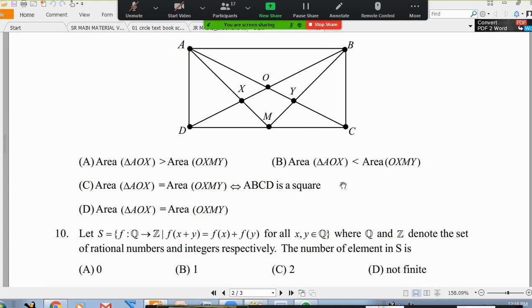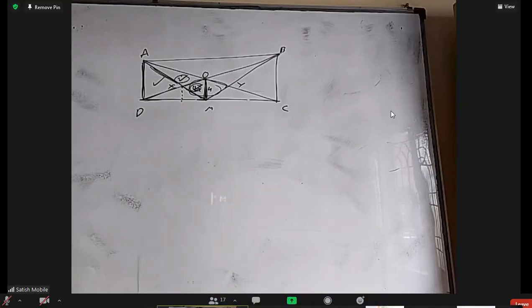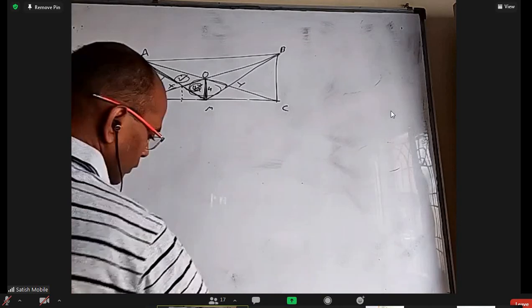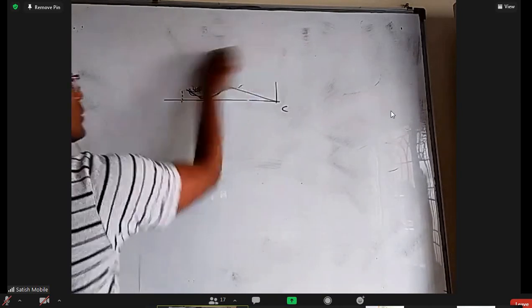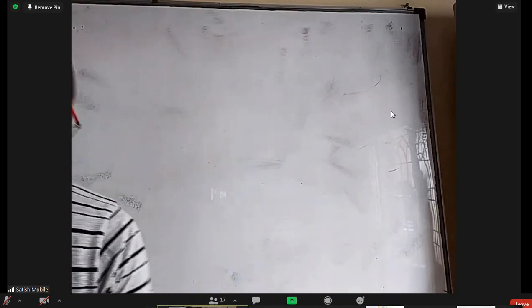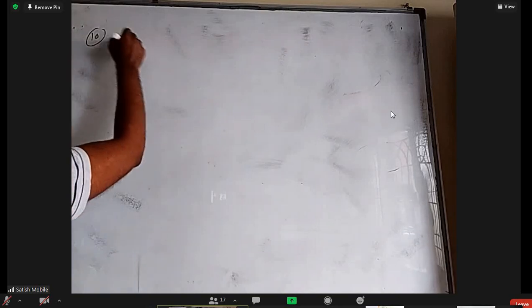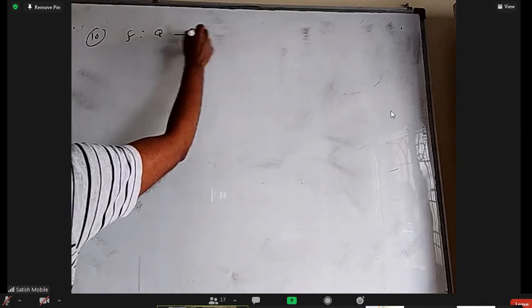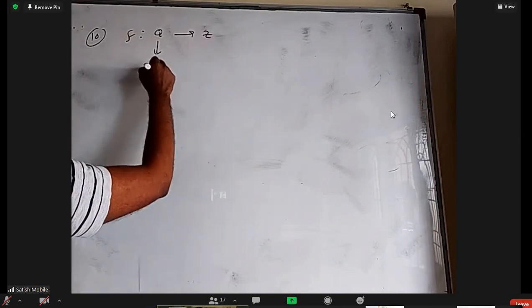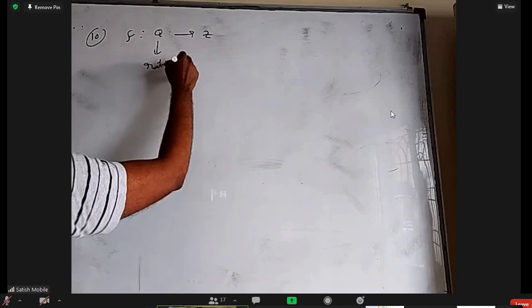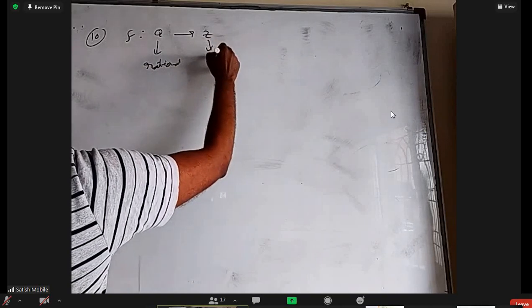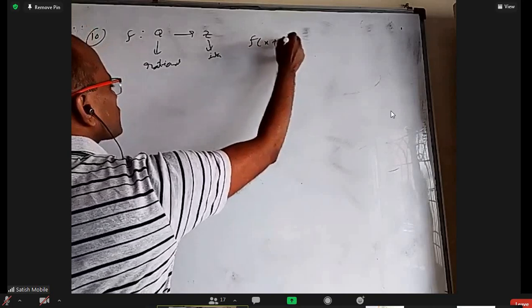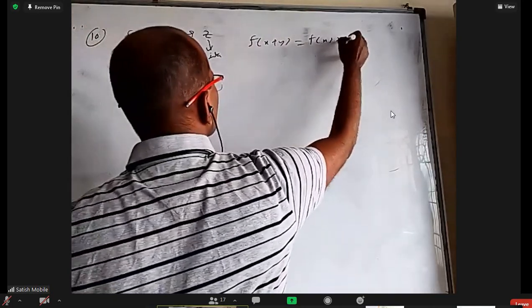Okay, let us try to give some explanation for this. In the 10th question, basically f is from Q to Z. This is rational, these are integers, and f of x plus y is equal to f of x plus f of y.